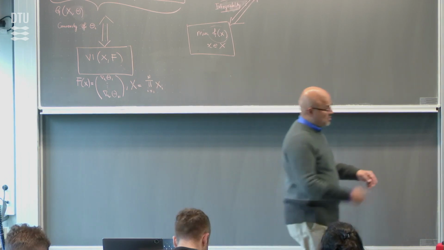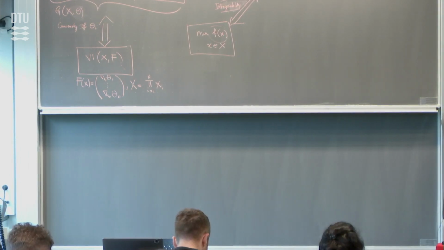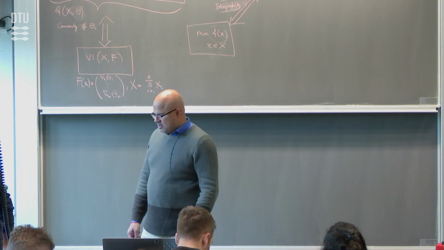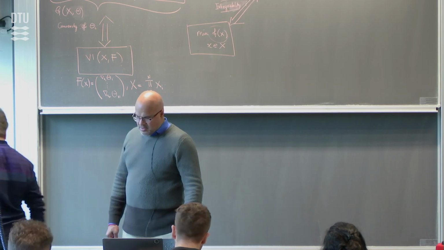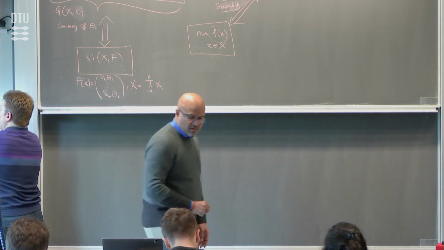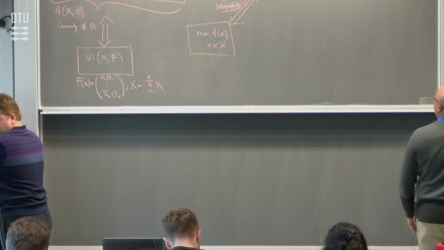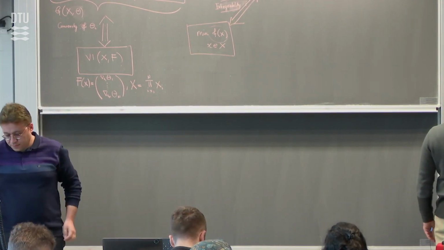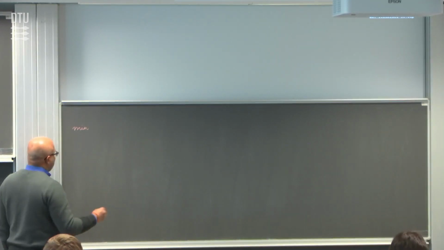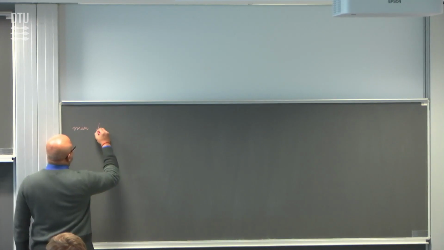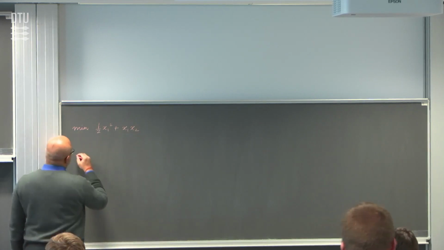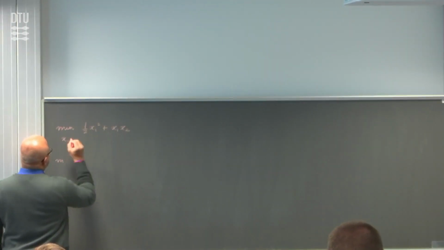I'll just use this board because we're not using the screen right now. So if I gave you a problem like this, let's take a simple problem so that we understand what an integrable game is. So suppose I gave you a problem like this, half x1 squared plus x1 x2, and I want to minimize this in x1.